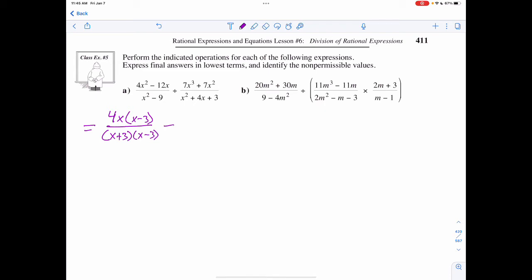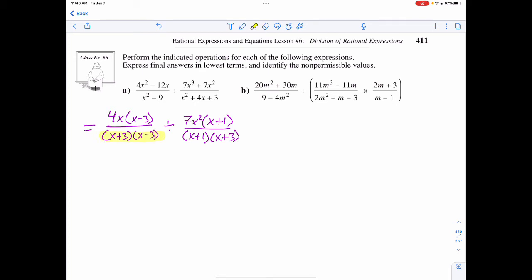I'm going to divide that by 7x squared and x plus 1. And in the denominator, I get x plus 1 and x plus 3.